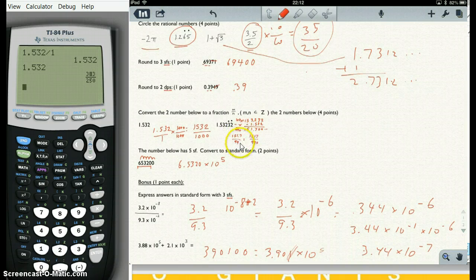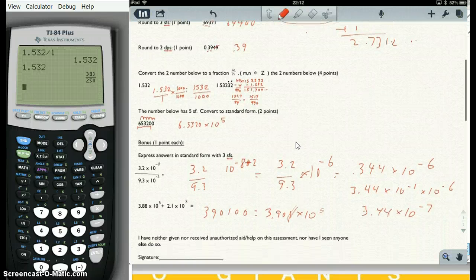So we got 151.7 divided by 99, and that changes to 1517 over 990. Okay, and that is that trick that we used in a lot of the worksheets.